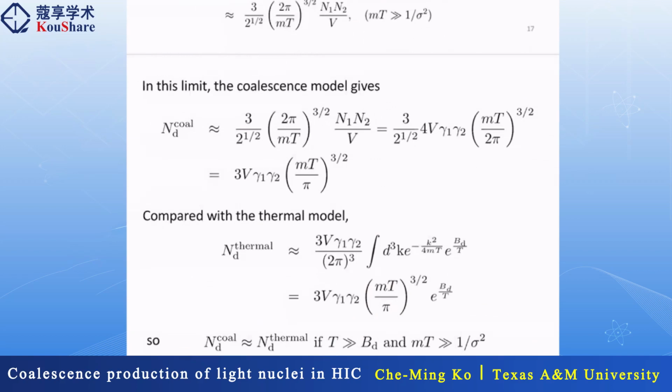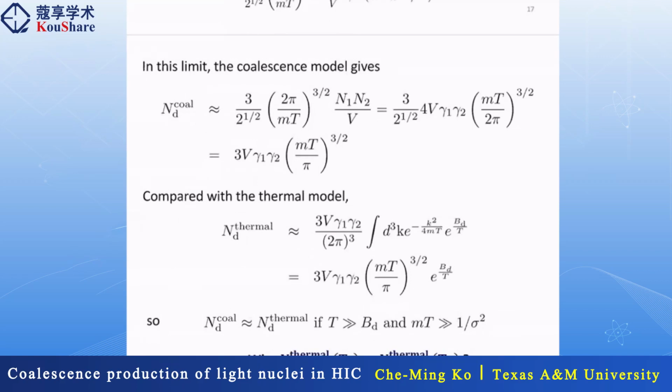Now, in the thermal model, it's the same thing: you have Boltzmann distributions with a fugacity, and you get this one. So those two formulas are identical except for the binding energy, because the thermal model takes the deuteron mass into account. That's a binding correction, but it's a few MeV while T is more than 100 MeV, so this factor is equal to 1. So they are identical. The thermal model and the coalescence model are identical.